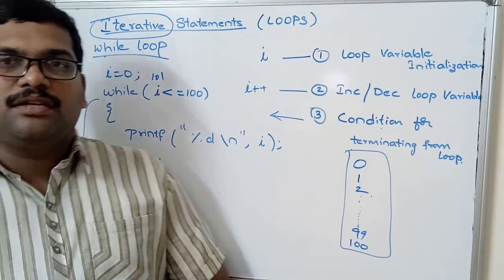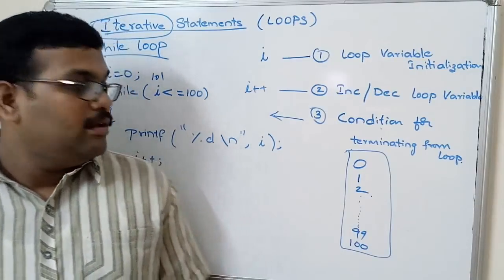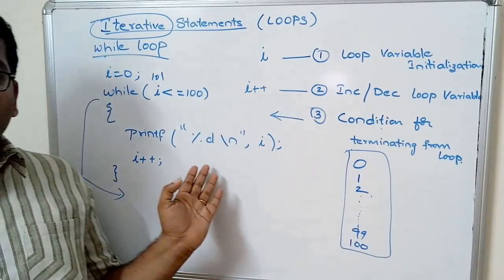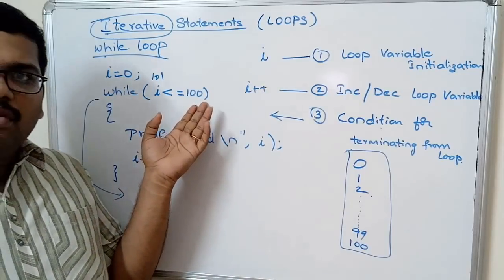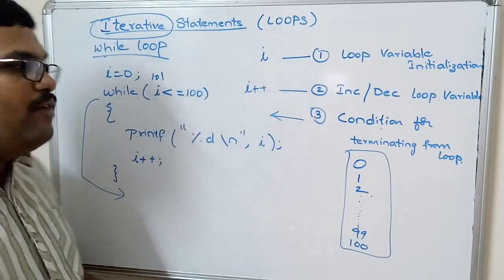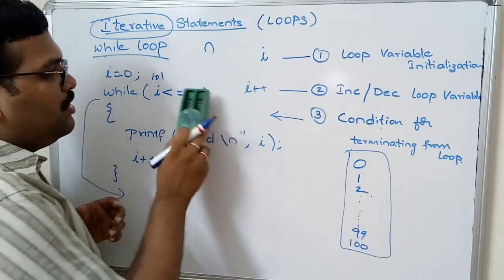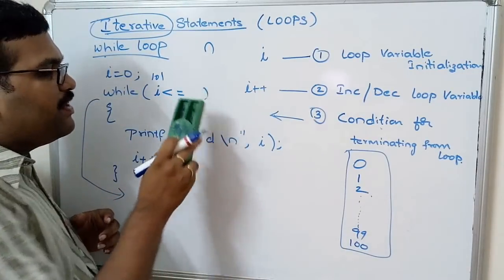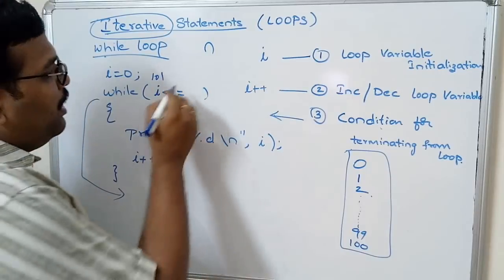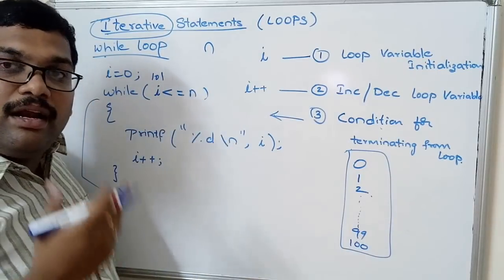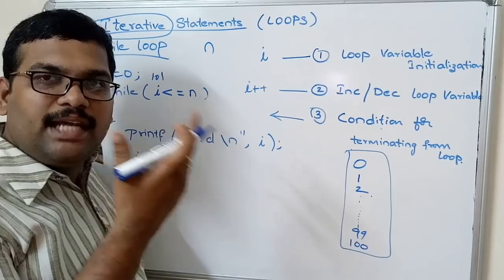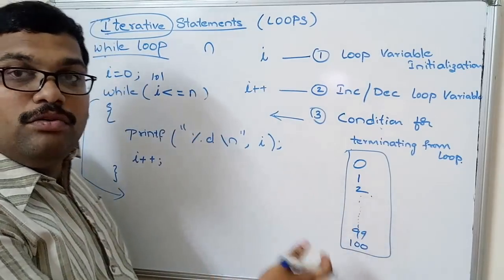Hope you understood this while loop after getting this example. We can restrict this 100, not only 100, we can take a variable n and read it from the keyboard, that means using the scanf function, read a value for n and write the n here. If you read the n value as 10, the output will be 0 to 10.